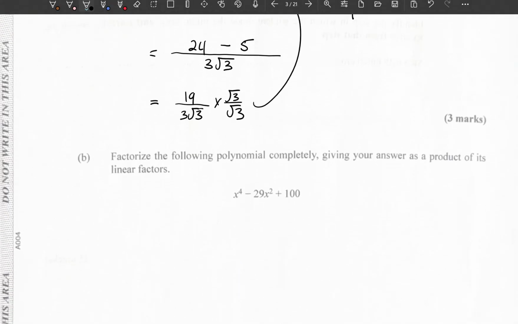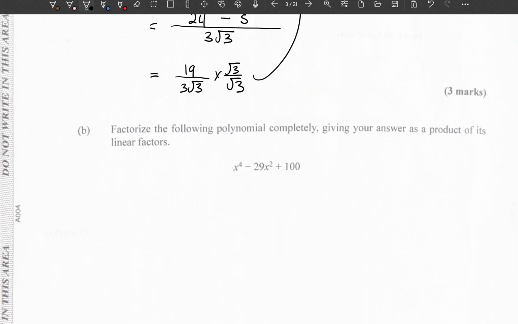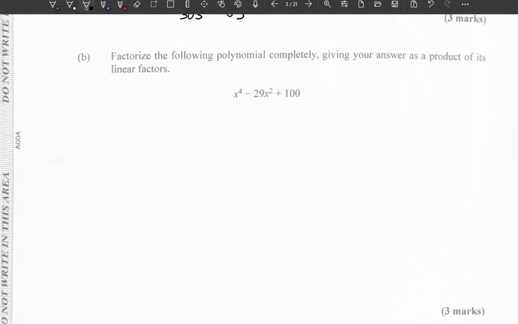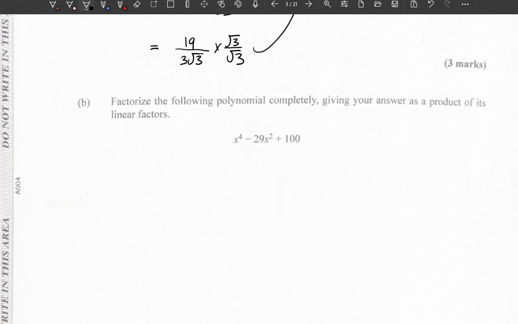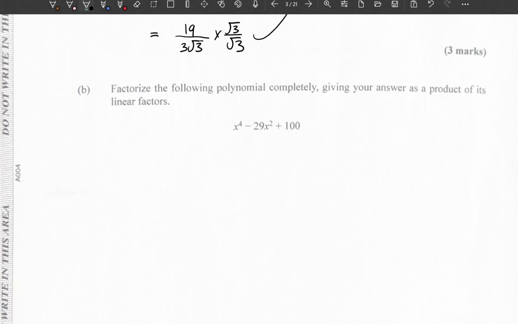Part B wants us to factorize the following polynomial completely, giving your answer as a product of its linear factors. Okay, so we need to go ahead and break apart this polynomial. Here it seems as if we can make a substitution. So let's make that substitution first and see how that helps.